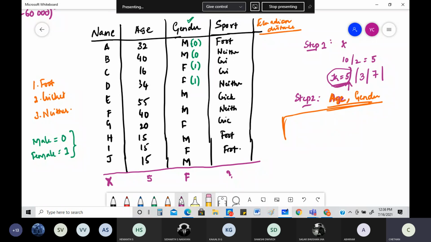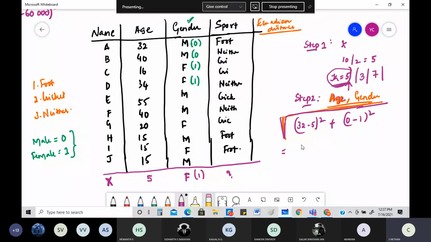So what's the value I'm going to figure out first? 32 minus 5 the whole square, plus 0 minus 1, the whole square, since male is 0 and female is 1.